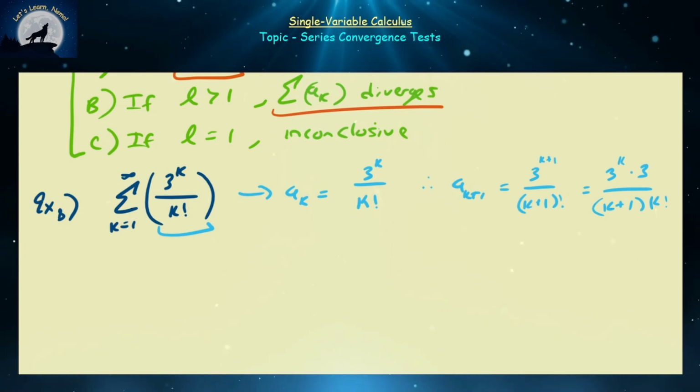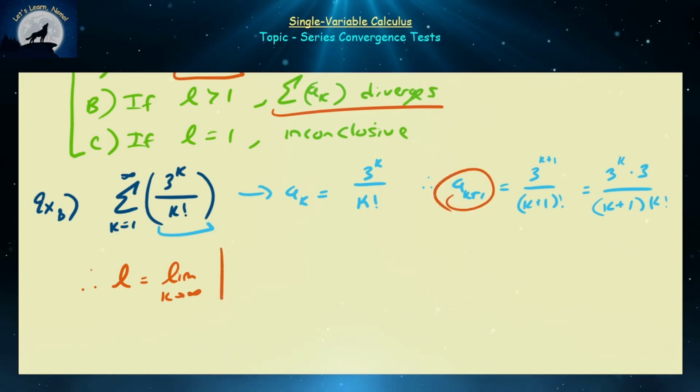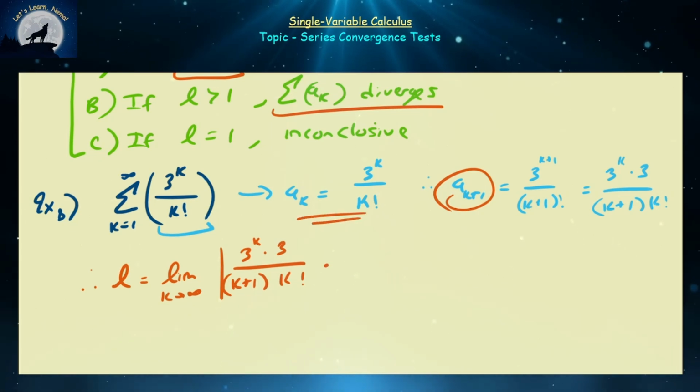So what is this limit going to be? So the limit will be equal to the limit as k goes to infinity of the absolute value of a_(k+1), which is going to be 3 to the k times 3 all over (k plus 1) times k factorial, divided by a_k, or multiplied by the reciprocal, so that's going to be k factorial all over 3 to the power of k.